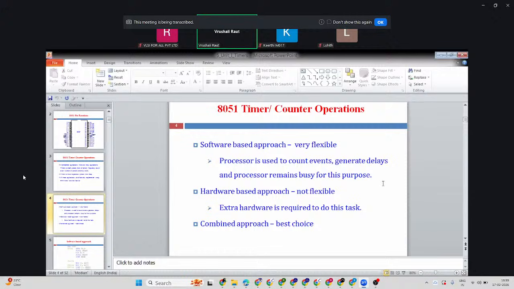Try to understand: in your C language you use the delay loop. What you are doing is setting i and j variables, putting them in a for loop, and using that you are generating the delay. That approach of generating the delay is called the software based approach. Are you getting my point?